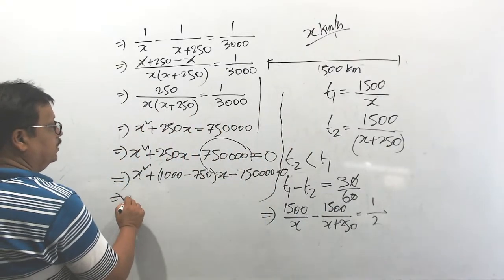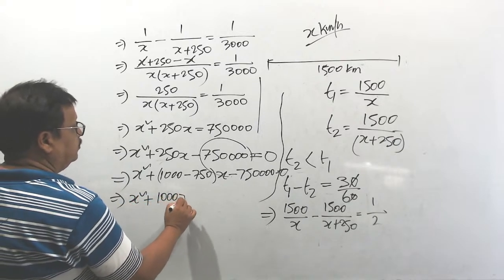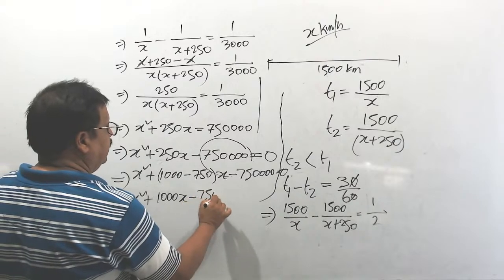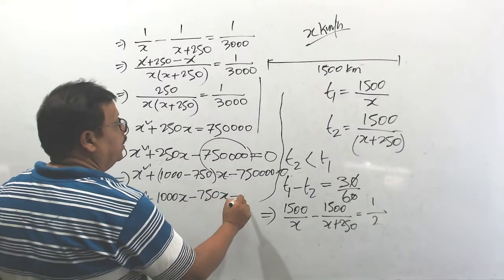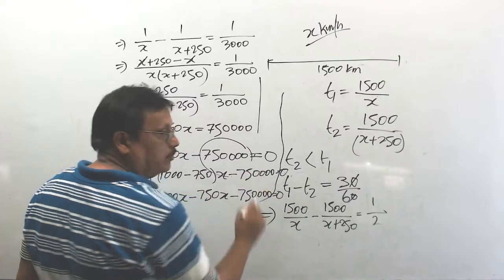This implies x square plus 1000x minus 750x minus 750000 is equal to 0.